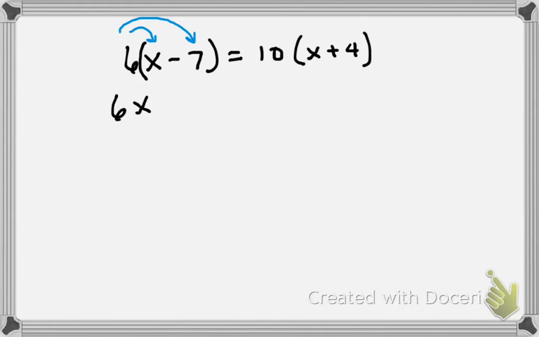Remember, we're including this negative with it, so it's negative 42. We bring down our equal sign. Now we're going to distribute 10 times x, and we're going to get 10x. Then next is 10 times 4, and 10 times 4 is 40.